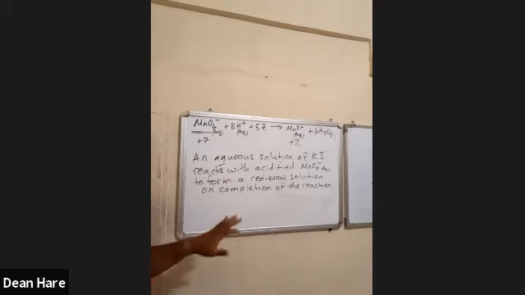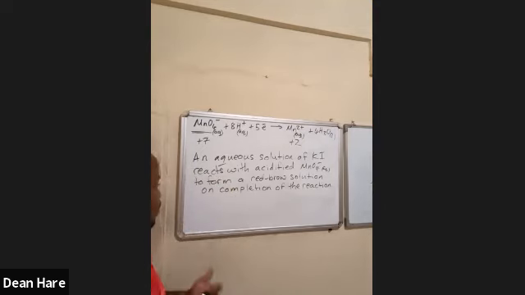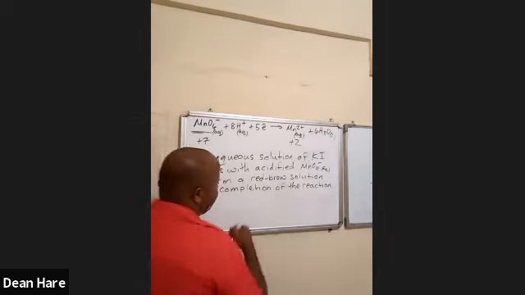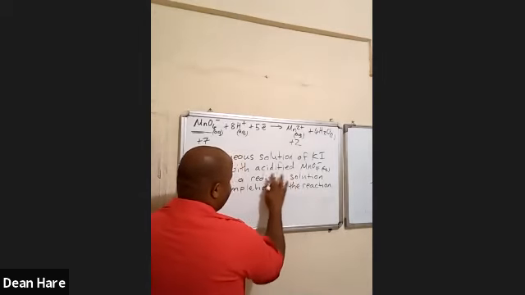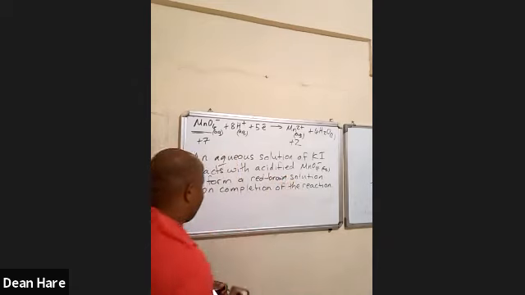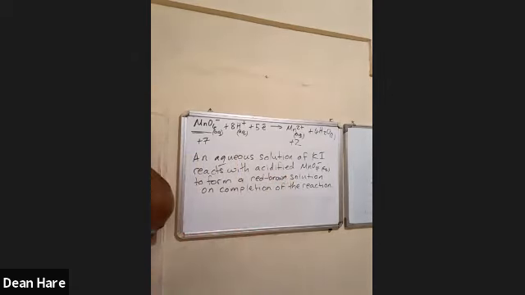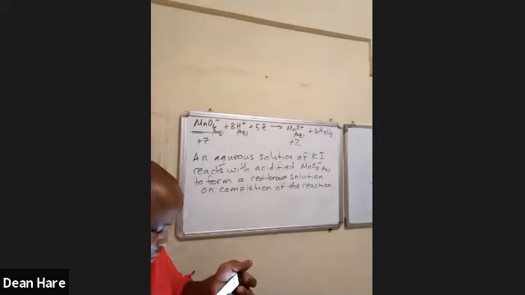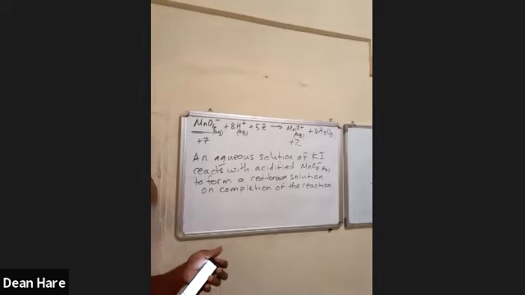An aqueous solution of potassium iodide reacts with acidified potassium permanganate to form a red-brown solution. On completion of the reaction, identify the species responsible for the red-brown color.